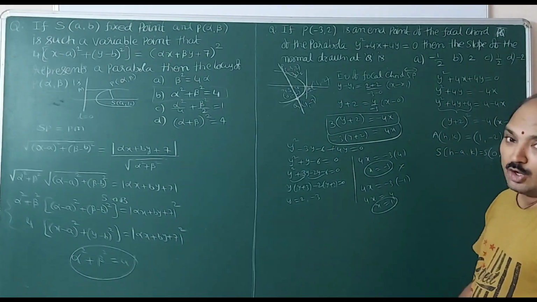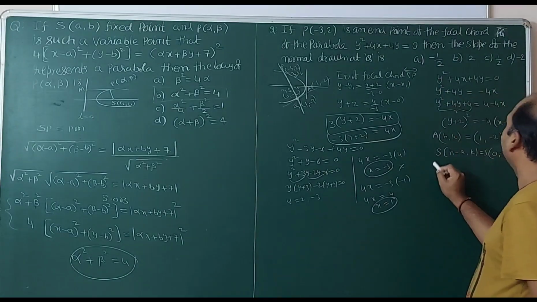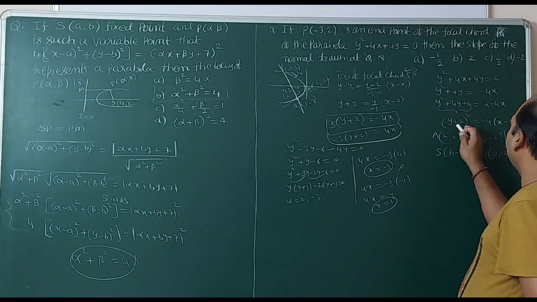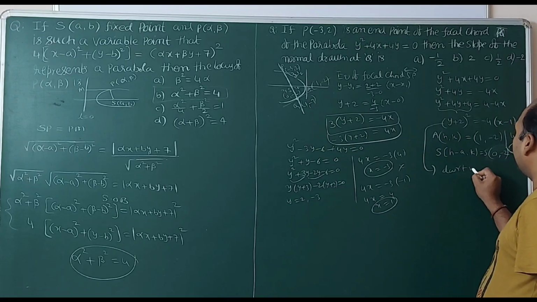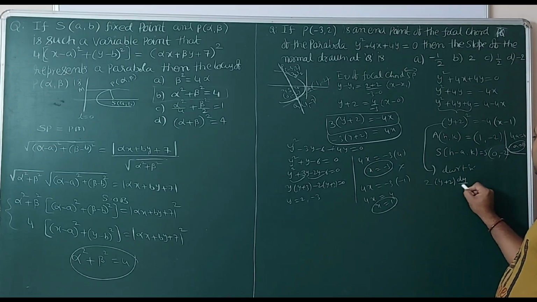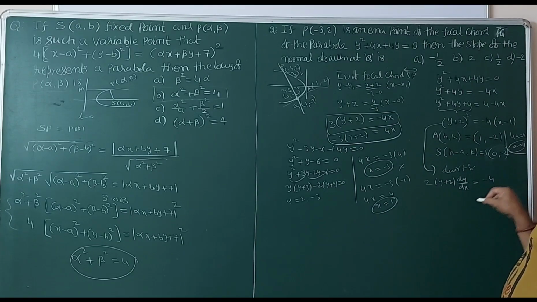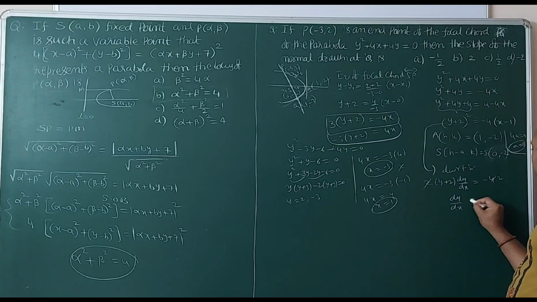At this point, the normal equation. First, for the given curve, y square, it is there now. So for this, the slope I am calculating. Differentiate with respect to x. 2 into y plus 2 into dy by dx is equal to minus 4. 2 ones to 2's. dy by dx is equal to minus 2 by (y plus 2).